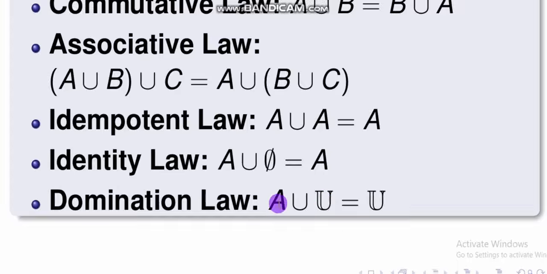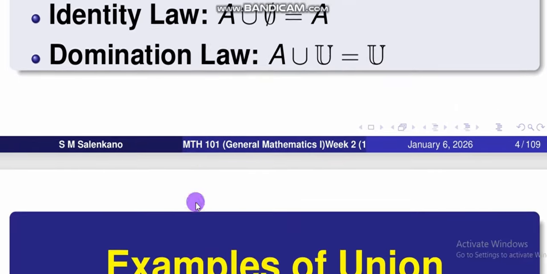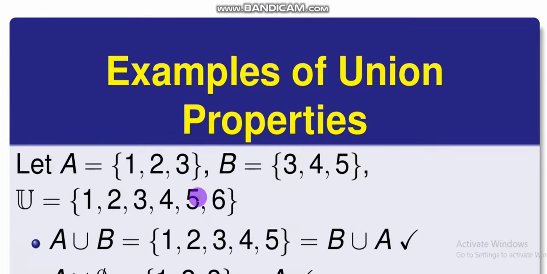Remember that all the elements of A are also found in this universal set, and there are elements in the universal set that are not found in A. So if I am uniting A with the universal set, definitely my result will be the universal set. It will not change.